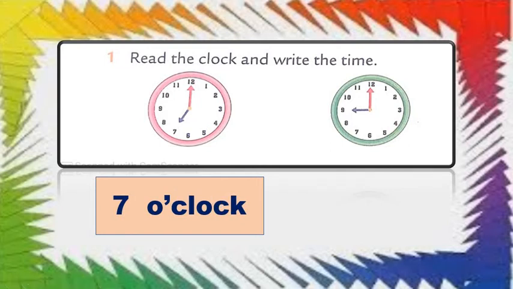Let's draw another clock. It is not necessary that you have to draw it in the circle shape only. You can draw the clock in square shape also. Write numbers 1 to 12 on the face of the clock.